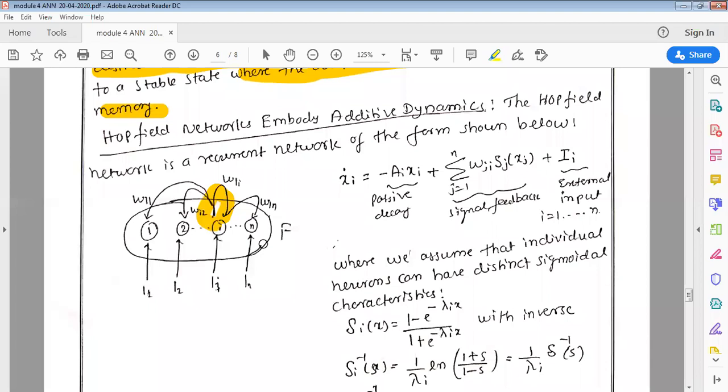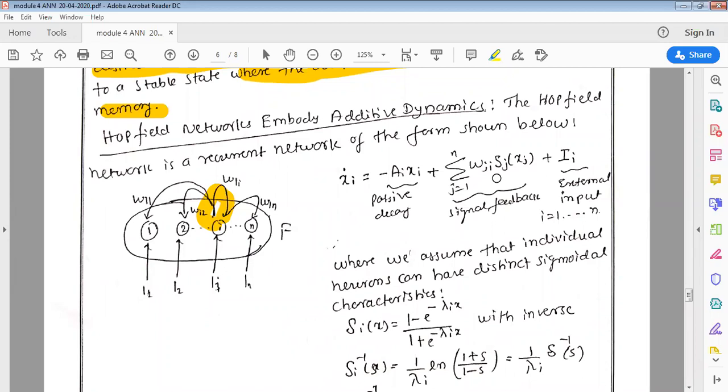And what is the mathematical equation which governs such networks? It is xi dot equals minus ai xi. This is a passive decay, plus a summation j equal to 1 to n of wji. It is the weight matrix which we have designed in the previous section, w11 to w1n, wn1 to wnn.